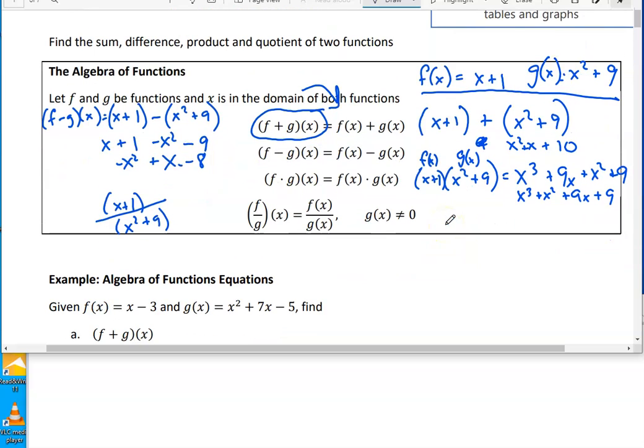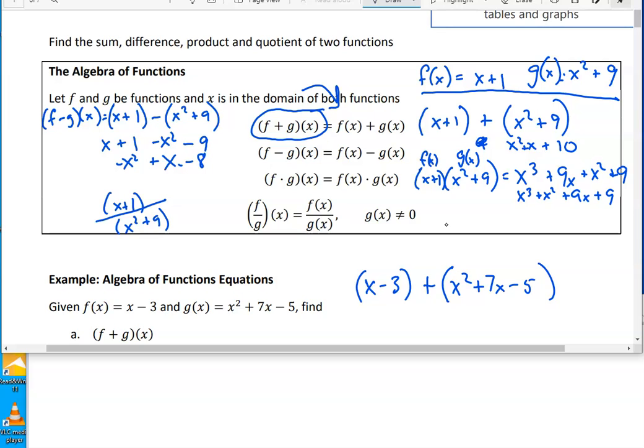In their example, they have a different f of x, x minus 3, and g of x is x squared plus 7x minus 5. Well, when we add them together, can you see that that would be x minus 3? I like to do the parentheses just for good practice, plus, in parentheses, x squared plus 7x minus 5.